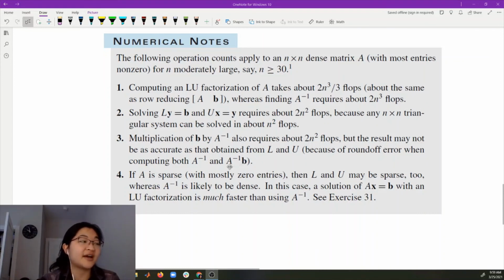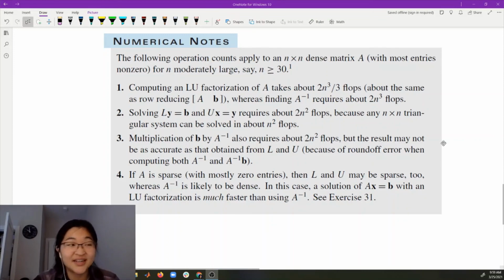And if we have a sparse matrix A, then doing our LU factorization will give us L and U sparse as well. Sparseness is nice because we have more zeros, but A inverse will probably be dense, so it's definitely way better to use LU factorization for solving big systems.